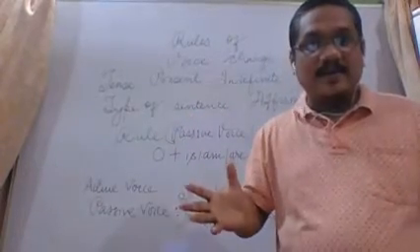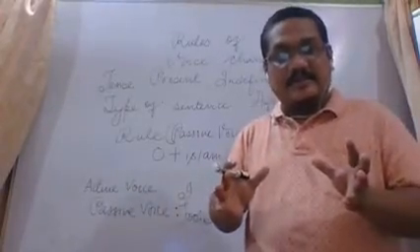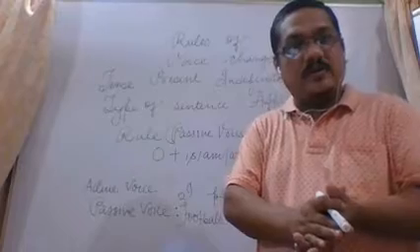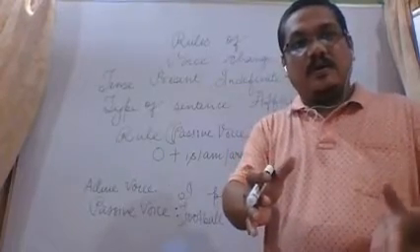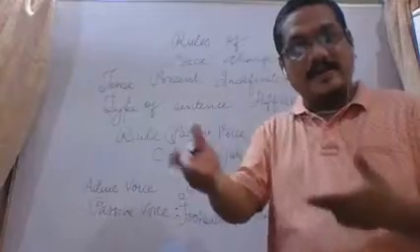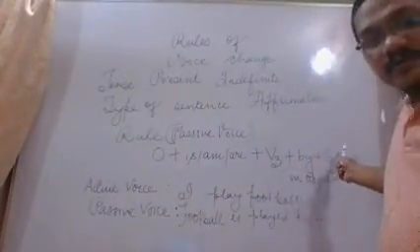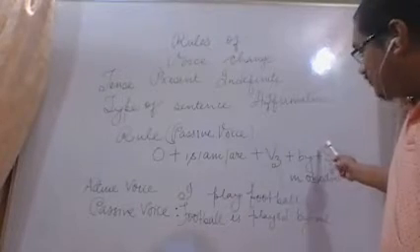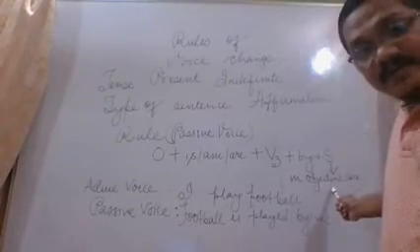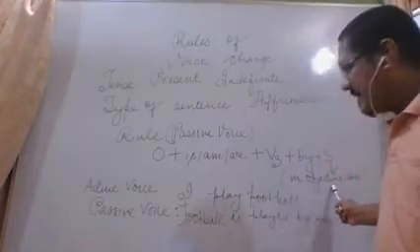Whose pen? His pen. So the cases depend on the position of the pronoun or noun in the sentence. So when we have taken the subject to the last, it has changed its case, right? And what is the case here? It is in objective case.